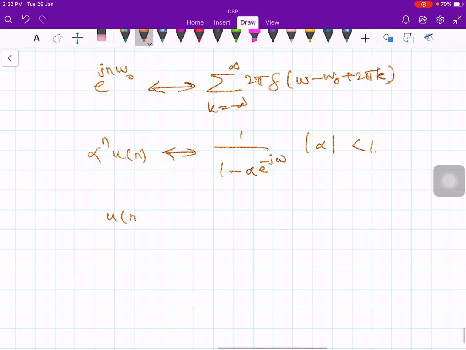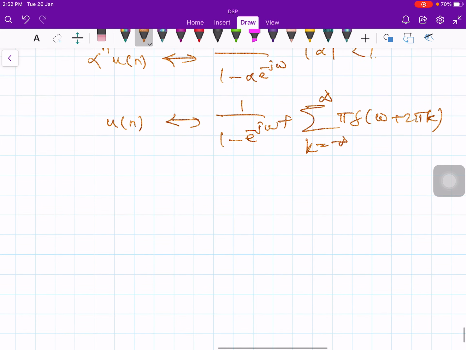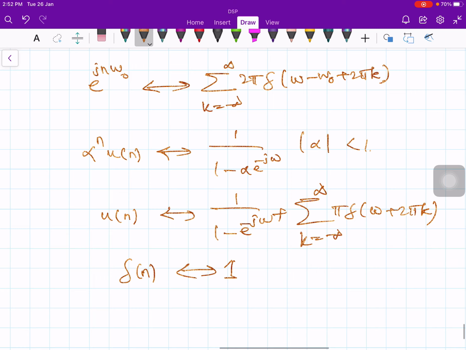Then u of n, which we just wrote: 1 by 1 minus e to the minus j omega plus summation of pi times delta of omega plus 2 pi k, where k is minus infinity to plus infinity. Then delta of n is 1. Therefore this table gives you the basic sequences and their discrete time Fourier transforms.